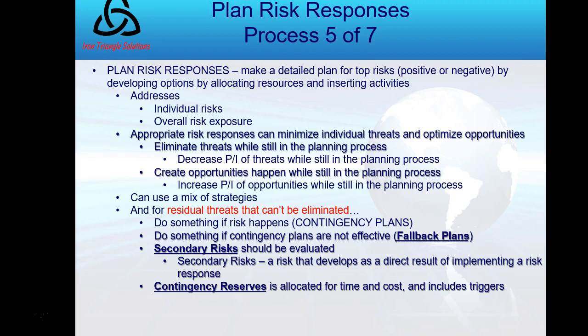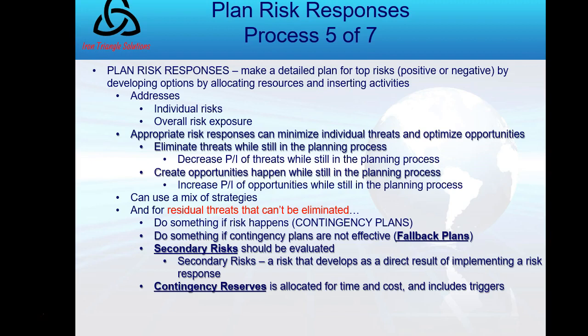So effective and appropriate risk responses can minimize threats and maximize opportunities, right? And at the same time reduce that overall exposure. That's what we're looking for. Okay. There are some terms that are important to us. Fallback plans. That's something that we have to do, this plan, if the contingency plan is not effective.